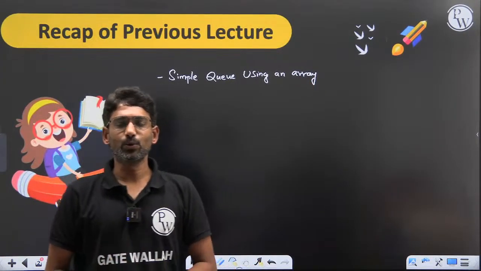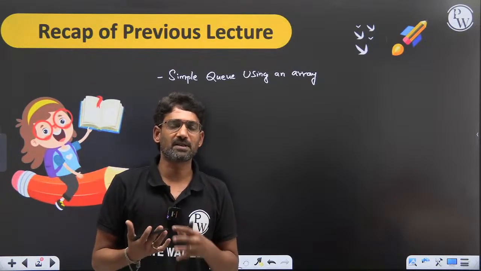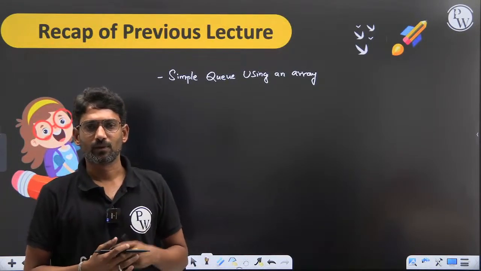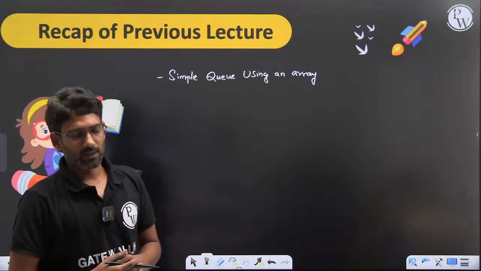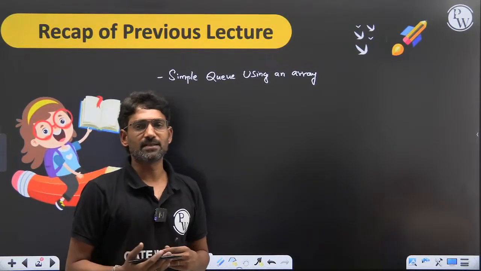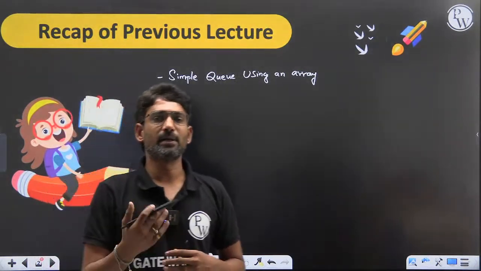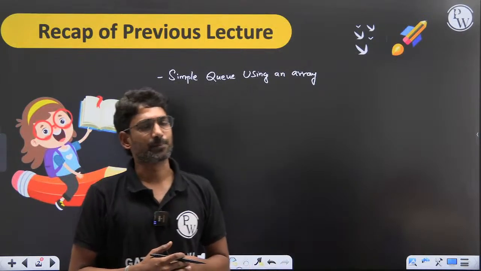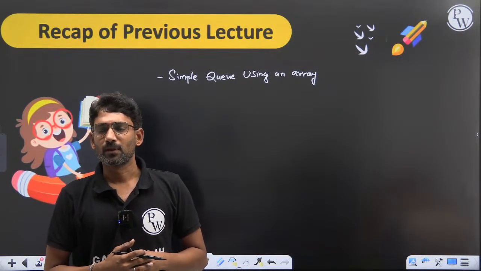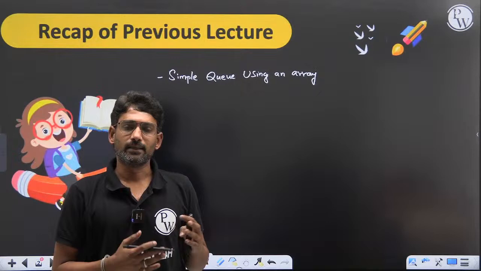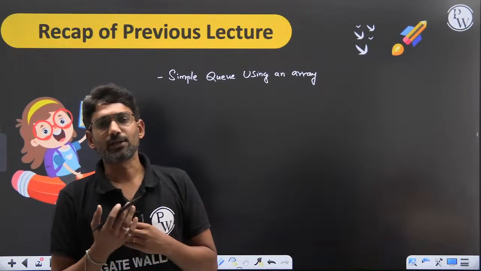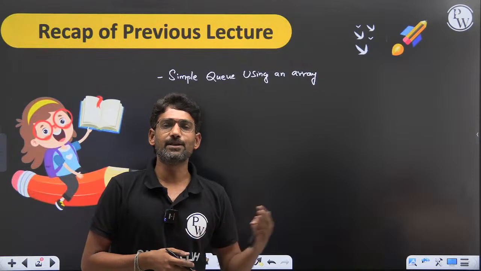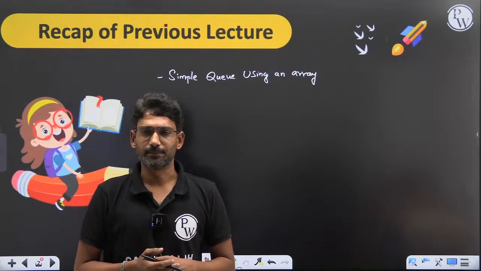What is a queue? A queue is a first in first out data structure, especially a simple queue, right? That means whatever element we insert first, that element will be deleted first. In this queue, insertion is done from one end and deletion is done from the other end.